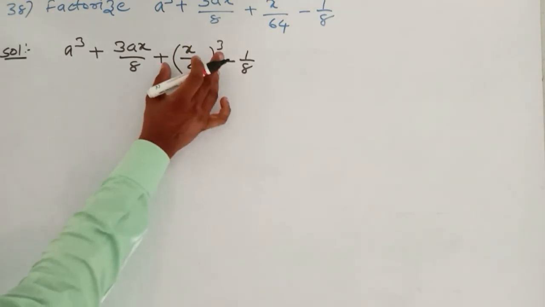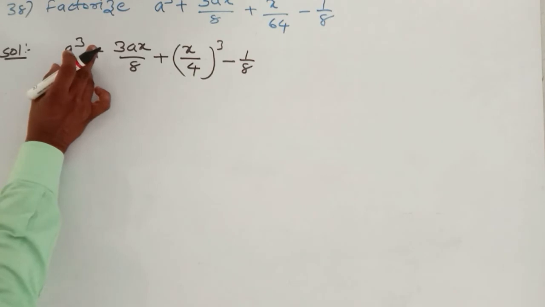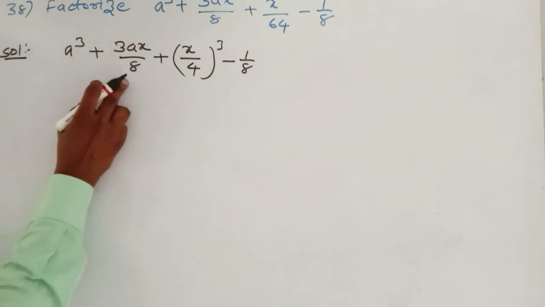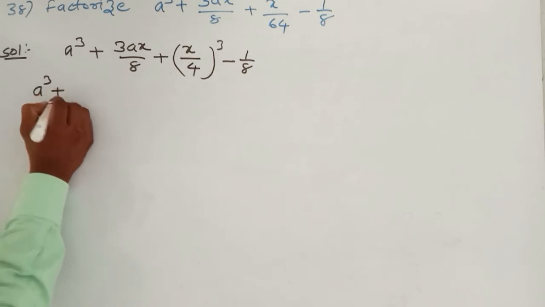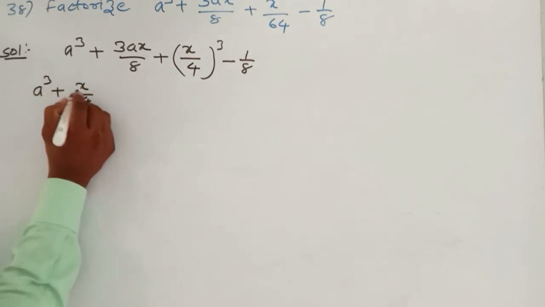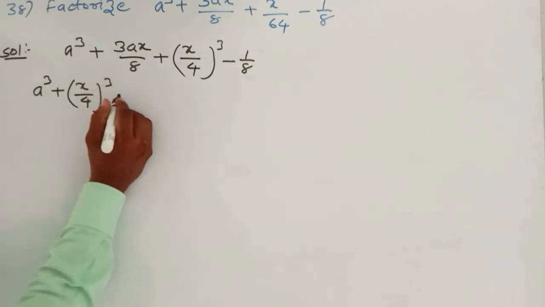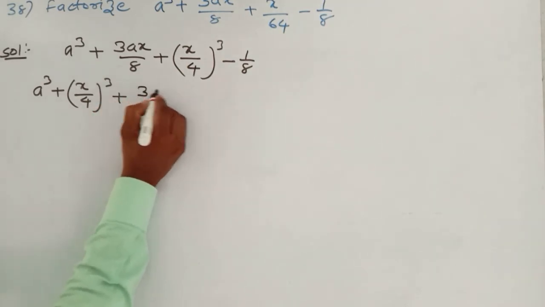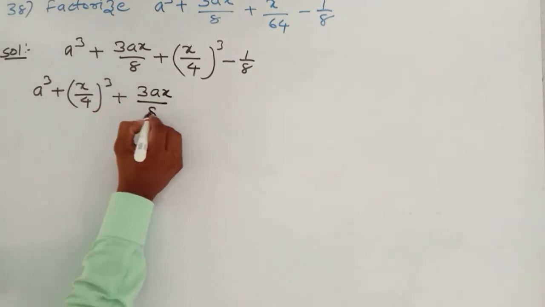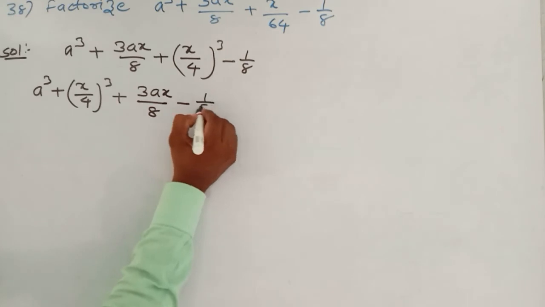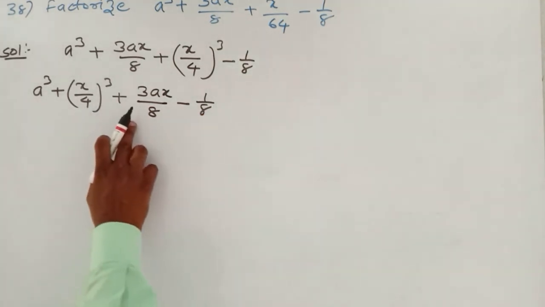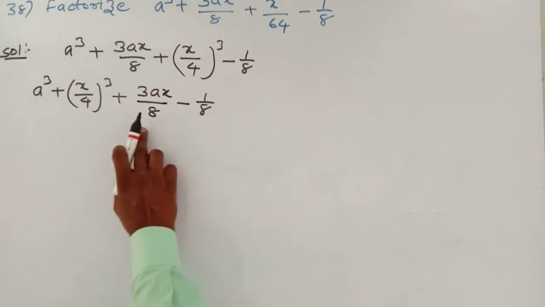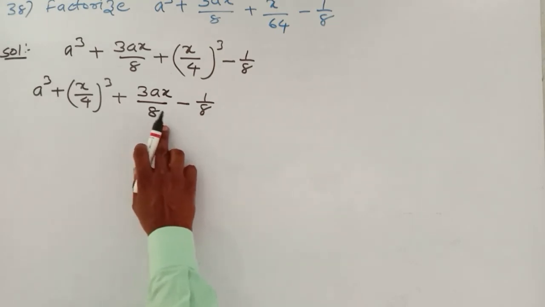Now I am bringing this x by 4 whole cube to here in the second term. That's equal to a cube plus x by 4 whole cube plus 3ax by 8 minus 1 by 8. So now it is the form of a cube plus b cube plus 3ab into a plus b.